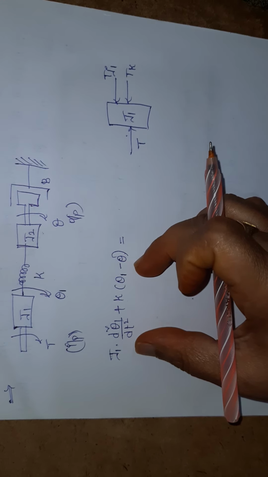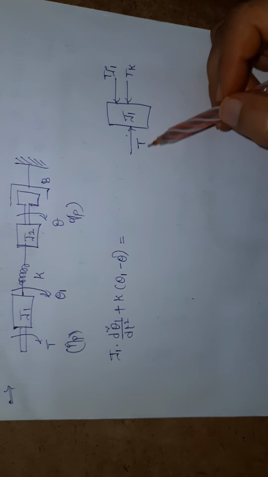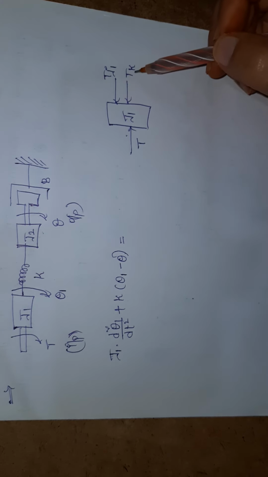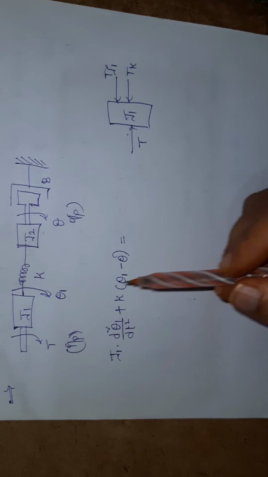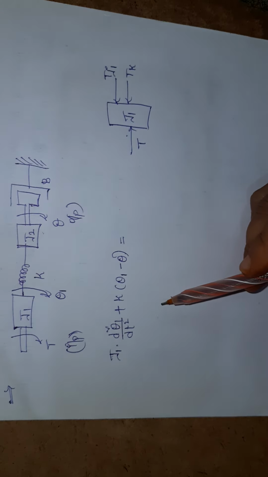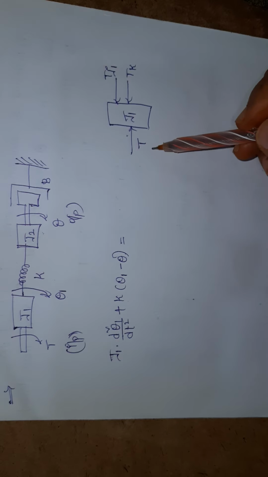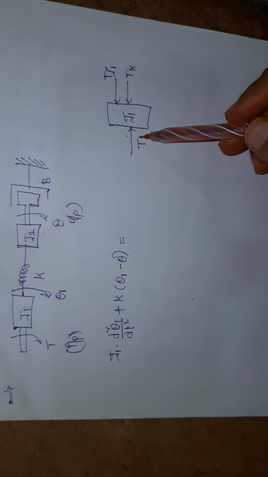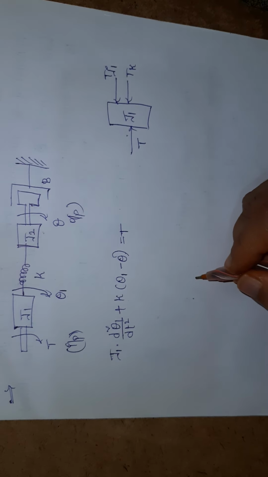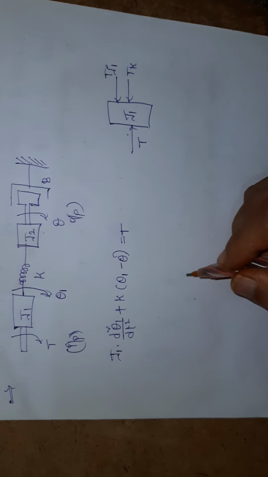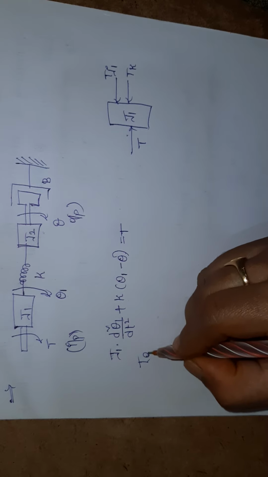According to Newton's second law, applied force equal to opposing forces. So these opposing forces equations are nothing but force balanced equations. In the previous 5 points we got them, and on the right hand side I am having the force, that is torque T.